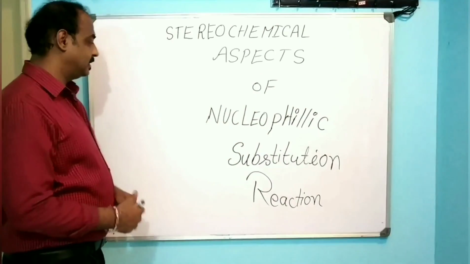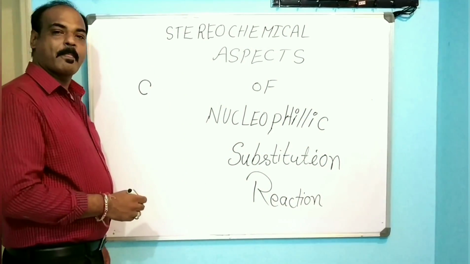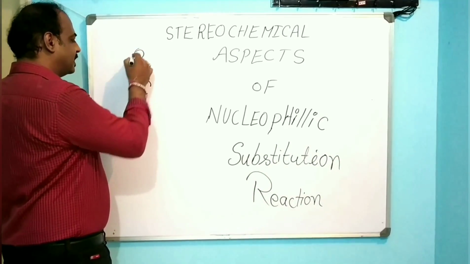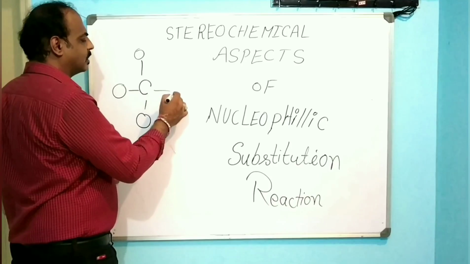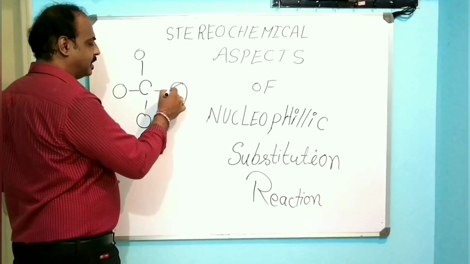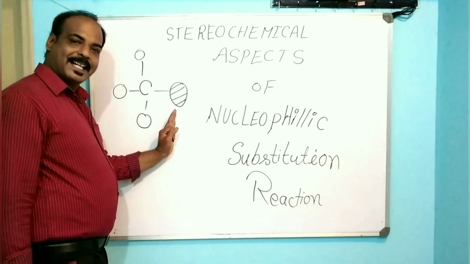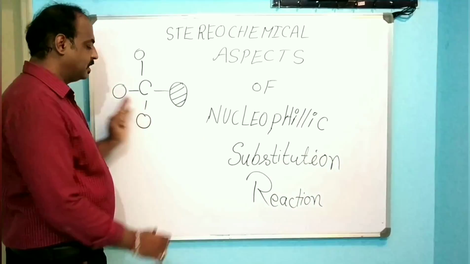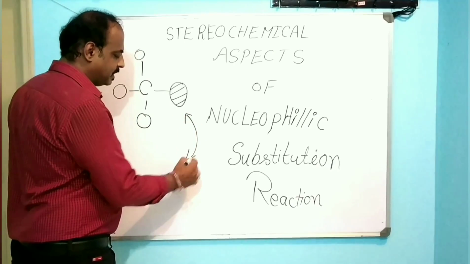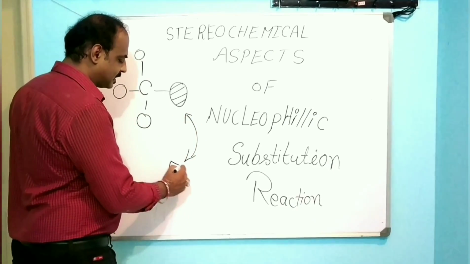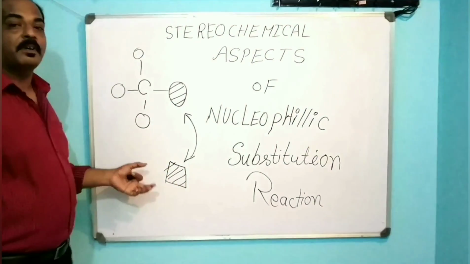For example, if you take a carbon associated with different atoms and molecules, an atom or a group of atoms will be replaced with another atom or group of atoms.